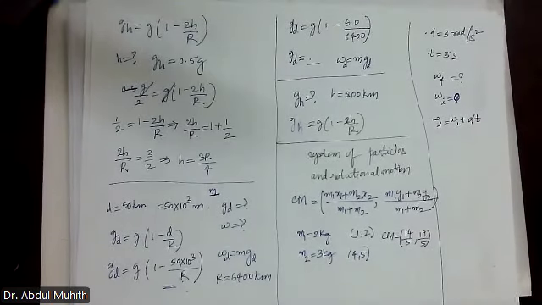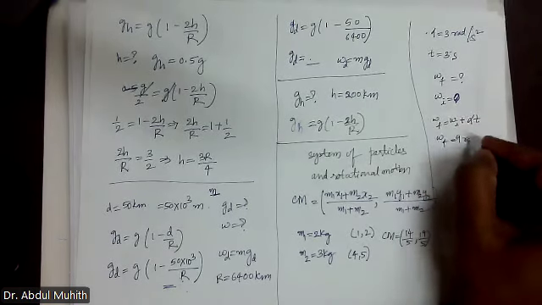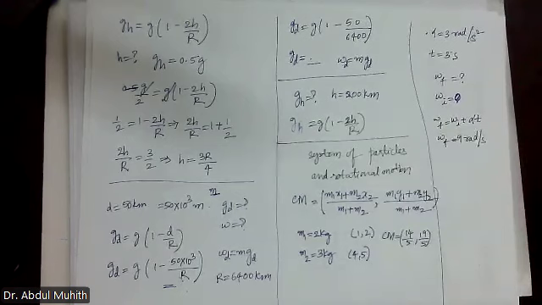Try it now. Omega is 0, alpha t is 3 into 3, which is 9. Direct question. 9 radians per second.